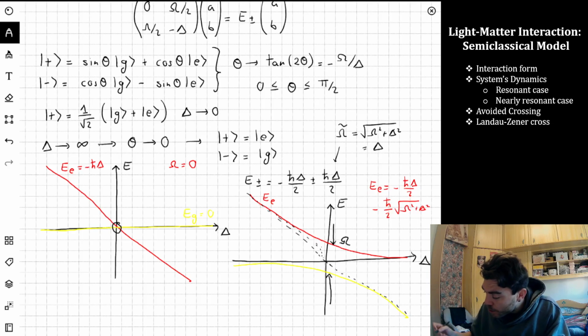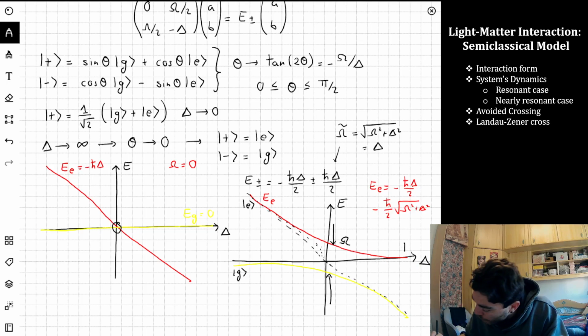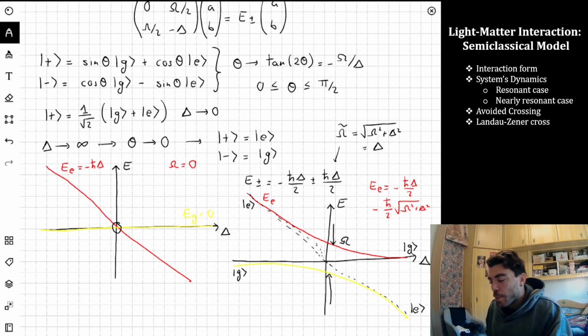And this is called a crossing because now it's important to notice that here this would be the excited state and this would be the ground state. But when we go to the other side, in the limit that we go very far away in the detuning, this is actually the ground state of the system, and this is actually the excited state of the system. So the presence of the light is switching. There is an avoided crossing in the middle.